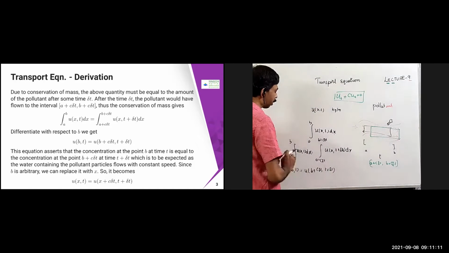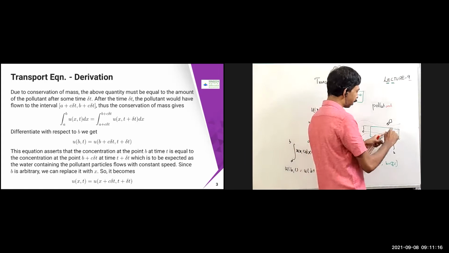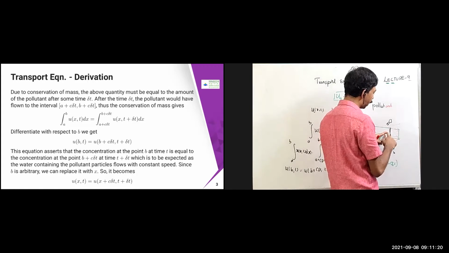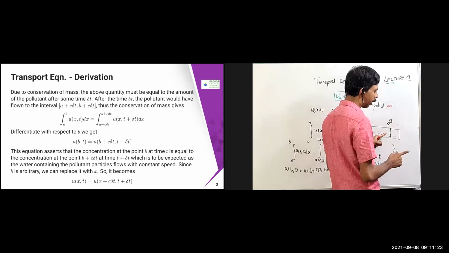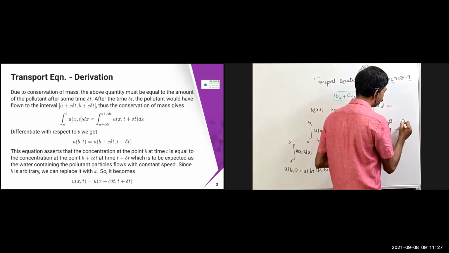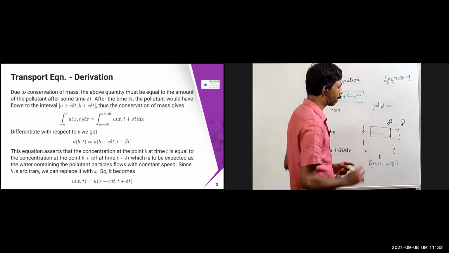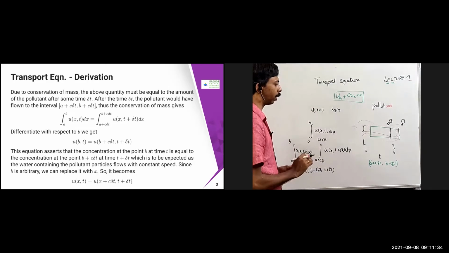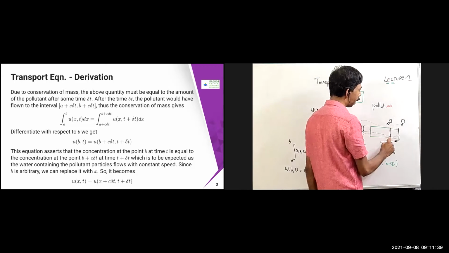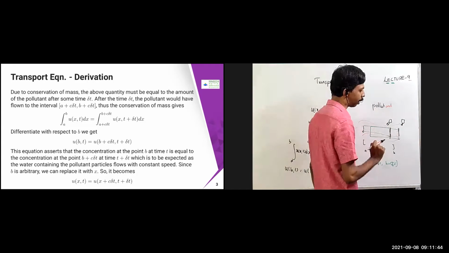This equation says that the concentration at the point b at time t is equal to the concentration at the point b + c Δt at time t + Δt, where I'm keeping another camera.